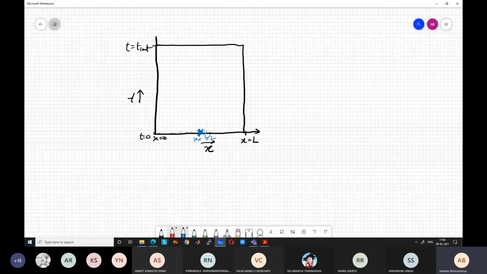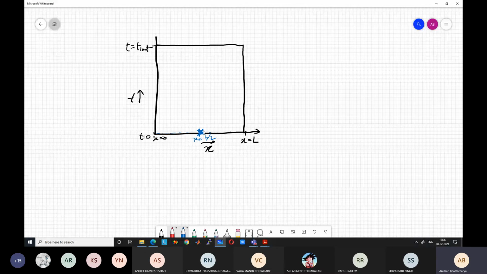At this moment there is no consequence of this change on any other point. Now this information travels in both directions at the speed c. After a certain time has passed, now t is equal to t1.